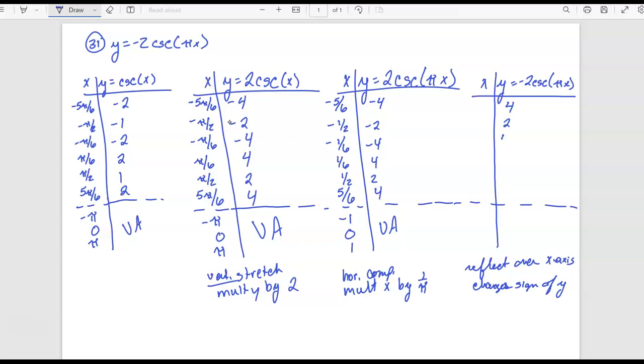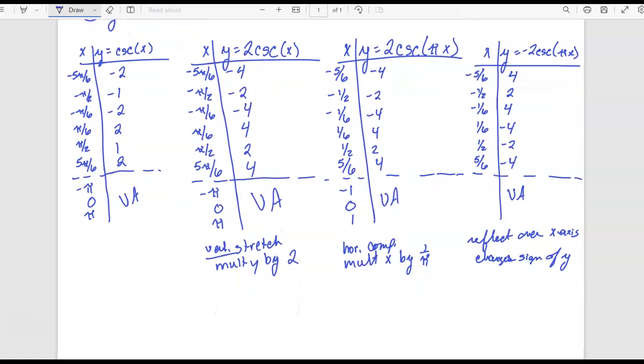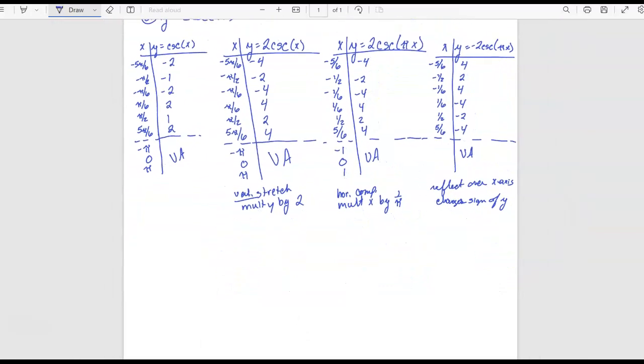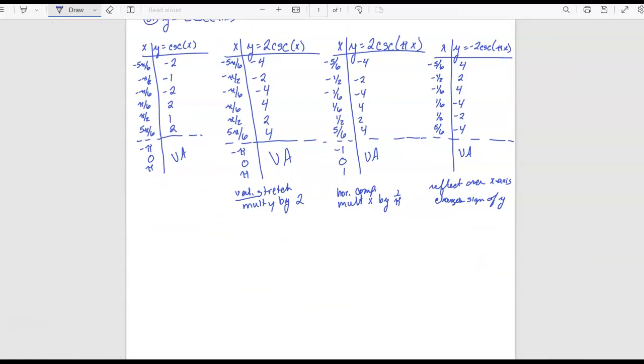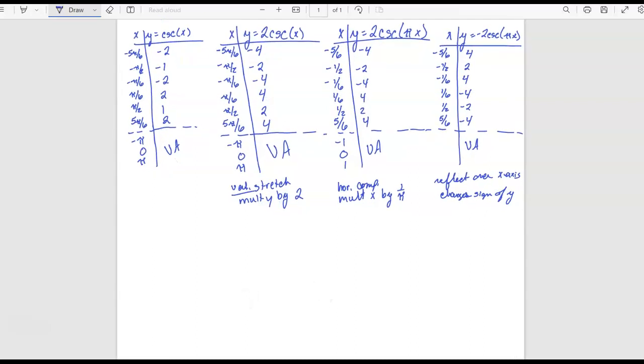So I'm going to flip all those signs. So there's our table for that. So let's see if we can graph these.